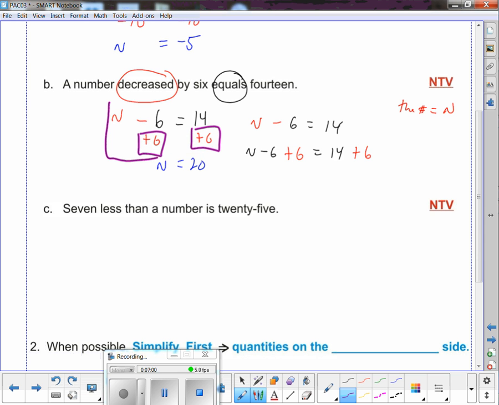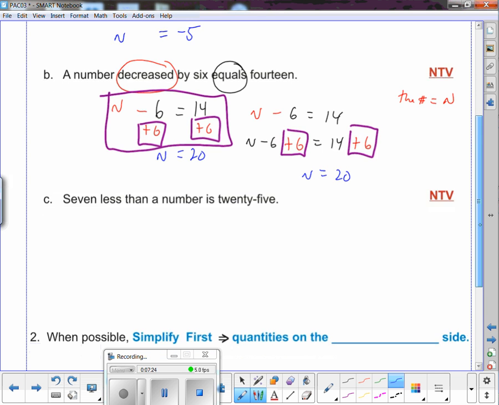I am adding it to the original, right? In this methodology, here it is being added to the left of the equal sign, and here it is added to the right. So again, you can see you end up in the same place. n plus 0 equals n. 14 and 6 is 20. This is how your work would look if you use the other method. Okay? Any other questions on that? Okay.